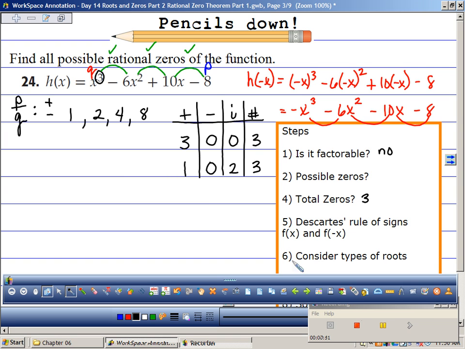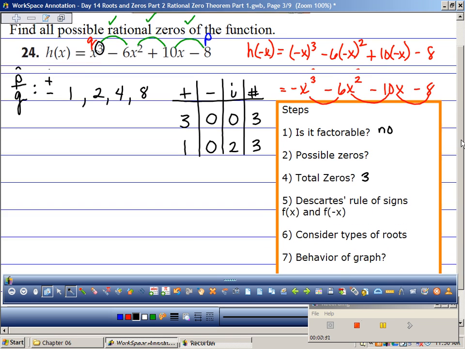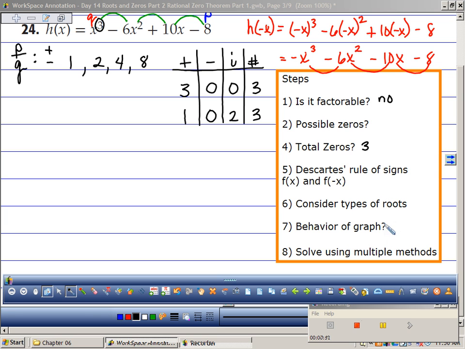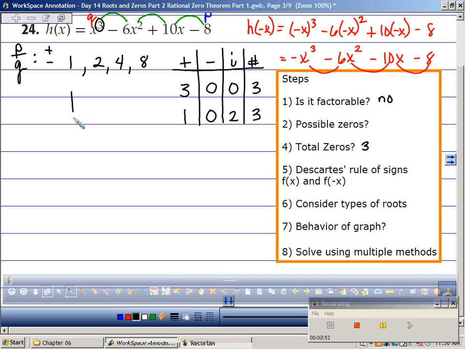All right, now I'm going to consider my types of roots. We just did that. Behavior of graph. I'm going to draw myself a graph here, and I'm going to start graphing right away, because then it gives me an idea of what I'm doing. So negative 8 tells me it's going to be crossing the y-axis at negative 8.